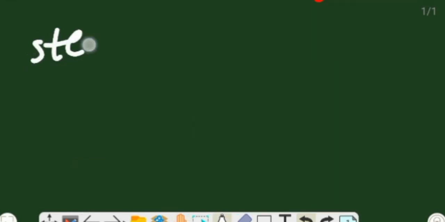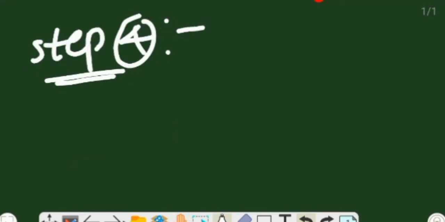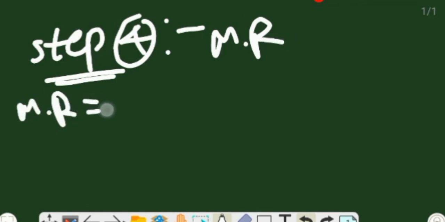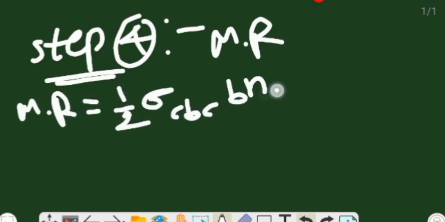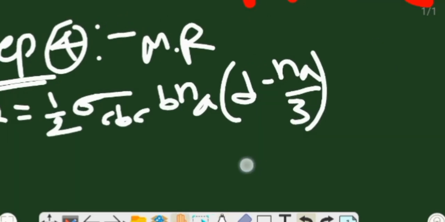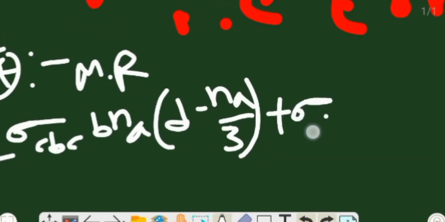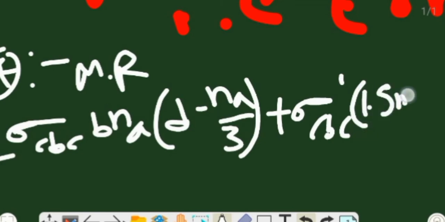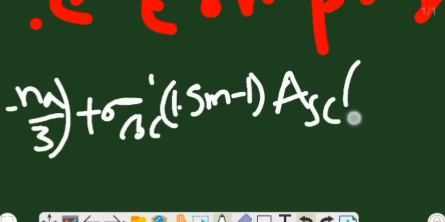Calculation of moment of resistance by using this formula. Step 4, calculation of moment of resistance. Mr equals 1 by 2 into sigma CBC into b into na into d minus na by 3, plus sigma CBC dash into 1.5 into m minus 1 into ASC into d minus d dash.